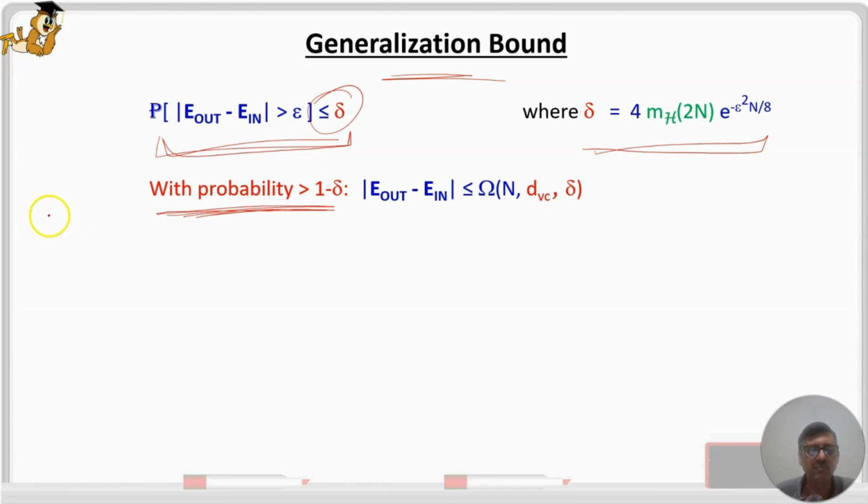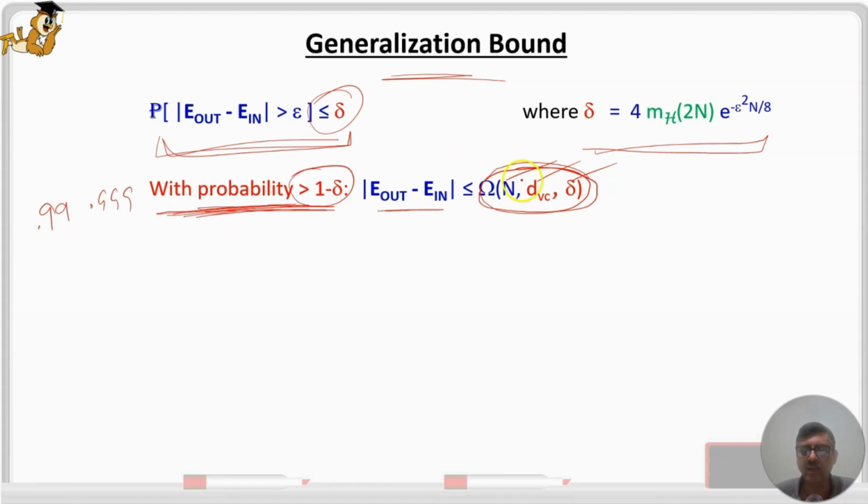So now we are saying with probability equal to 0.99 or 0.999 and so on, with increasing probability, probability greater than 1 minus delta, you can say that the absolute difference between Eout and Ein is less than a quantity that is a function of your n, your VC dimension, and the delta that was specified, right?